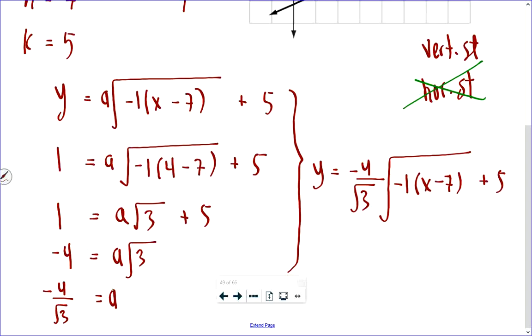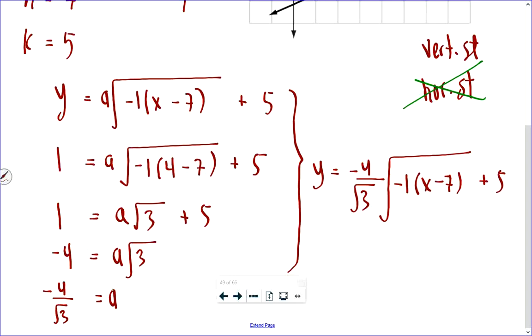And I will tell you right now that if you plot that in your calculator for y1 or y2 or whatever y you want to use, it's going to match the picture given in the question. In other words, this equation, although it looks different than Alice's, is the same as Alice's. And we'll compare all three in a minute.